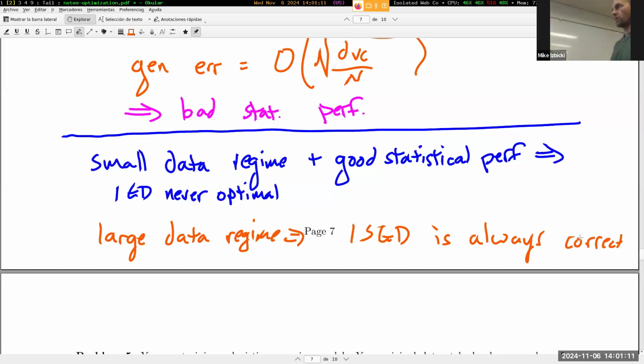Again, we don't consider 2 SGD because 2 SGD is strictly worse than 1 SGD in all situations, because it has this quadratic factor in the dimensions. And so for machine learning, for data mining, for these statistical applications, the only algorithms you should ever select are either 1 stochastic gradient descent or 2 gradient descent. 1 gradient descent will never be optimal, and 2 stochastic gradient descent is never optimal.